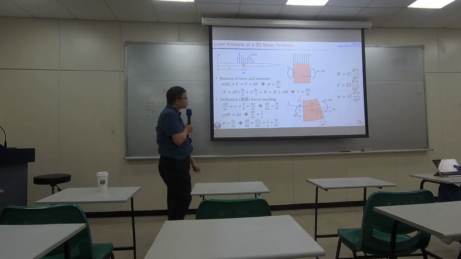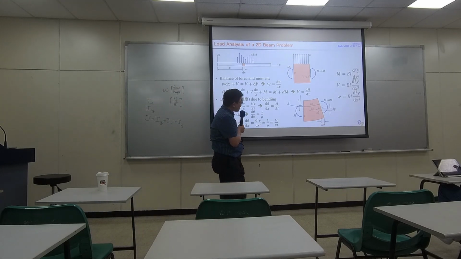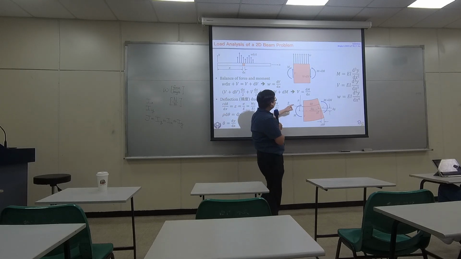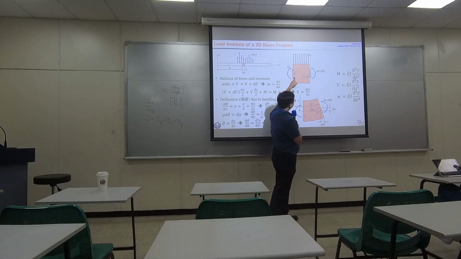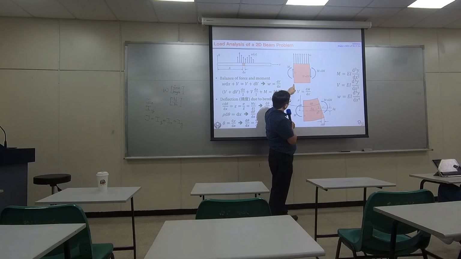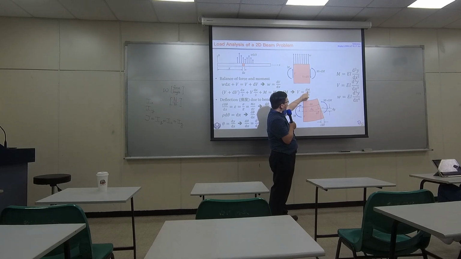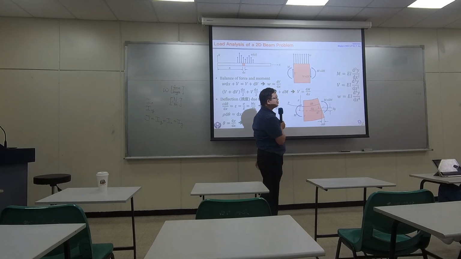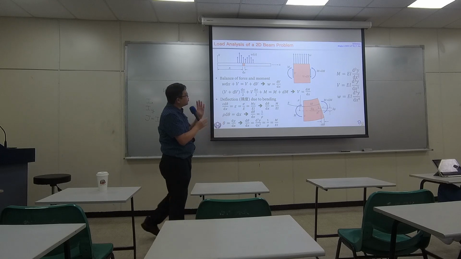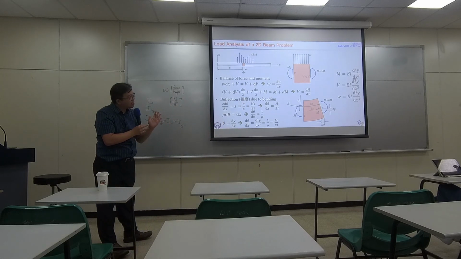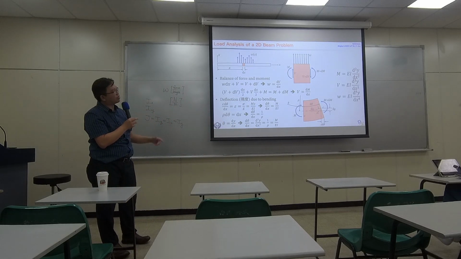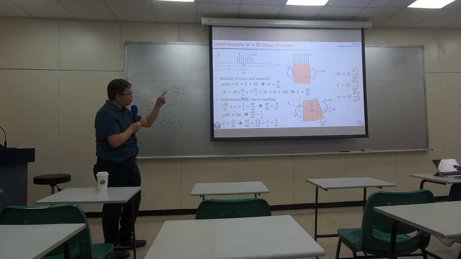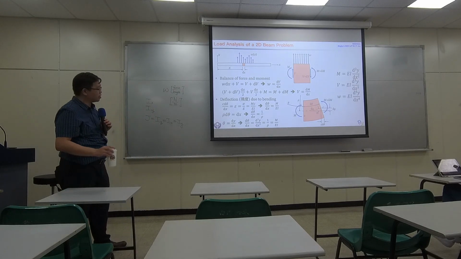So if you have shearing force applied to the geometry, and then you walk from the left to right with a distance of dx, your moment increases by dM. That's the idea. So if shear exists, then your moment increases. Okay, those two are very important equations.